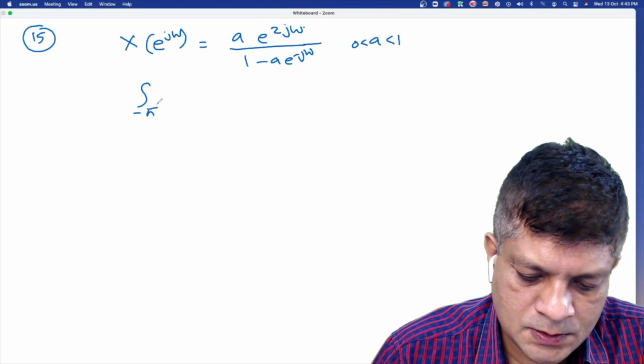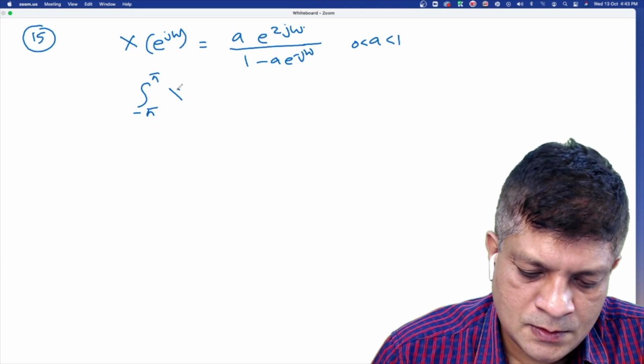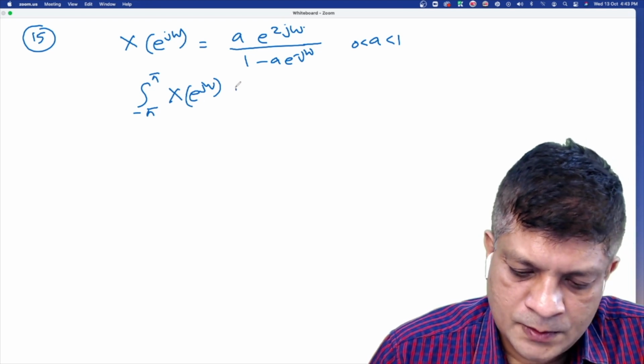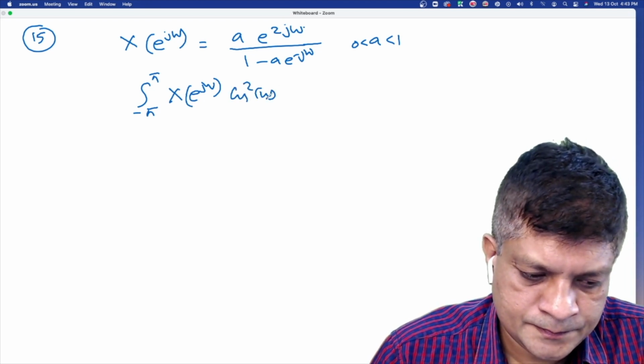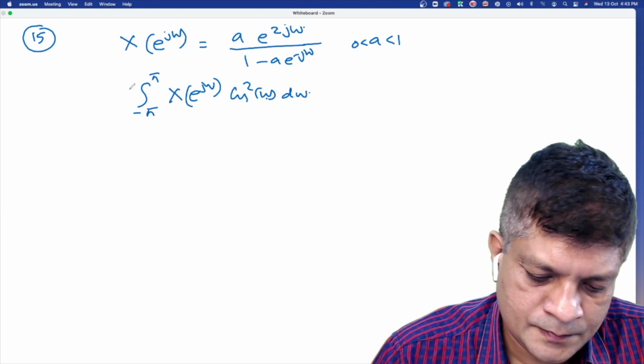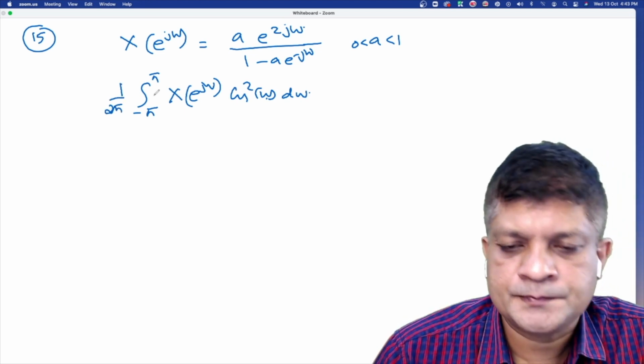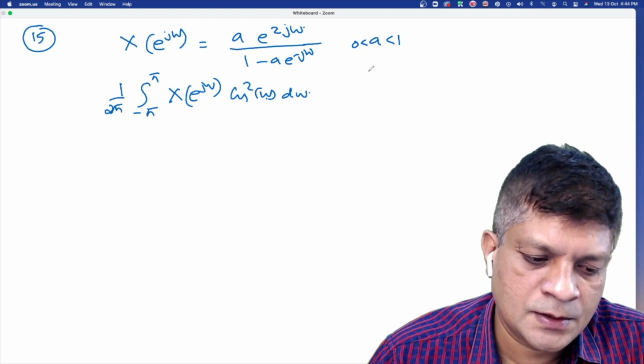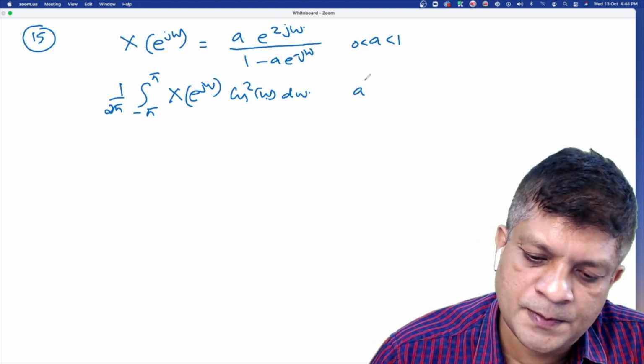Determine this integral from minus pi to pi of X of e to the power j omega. You have to use this Fourier transform, the DTFT of the sequence a to the power n u of n.